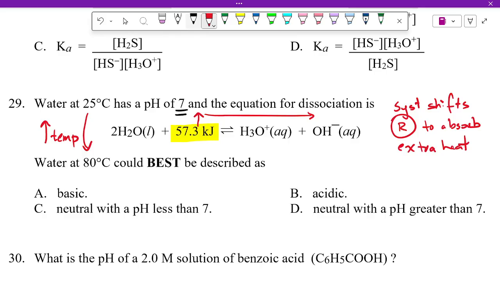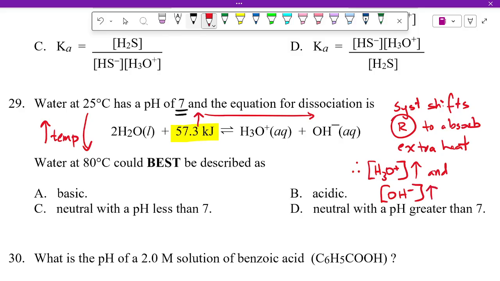And so what happens to the concentration of H3O+? The concentration of H3O+ increases, and the concentration of OH- increases.